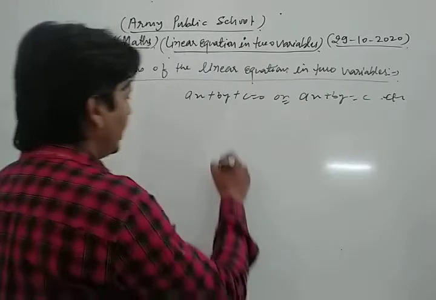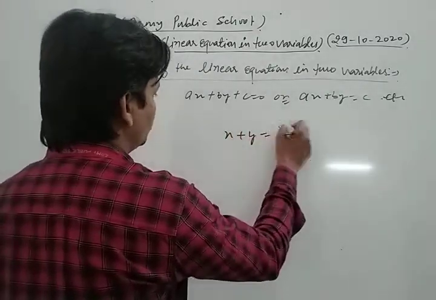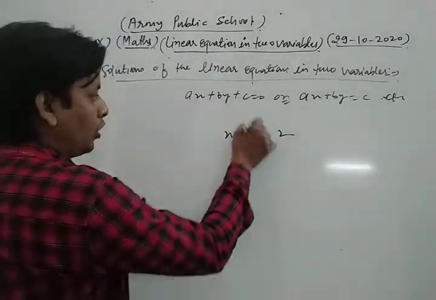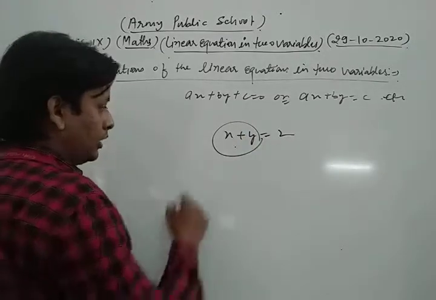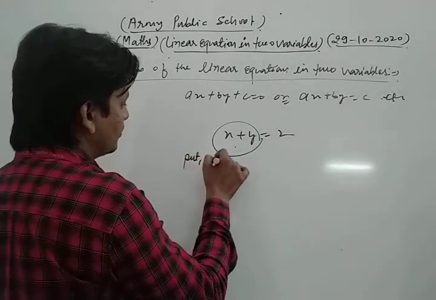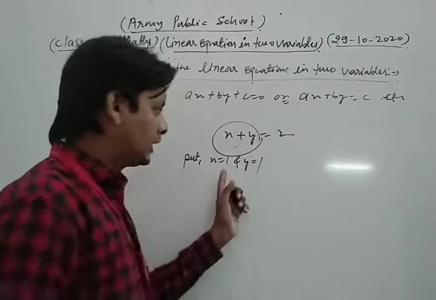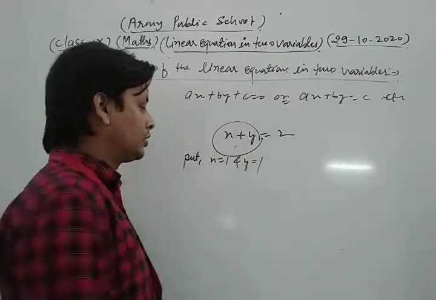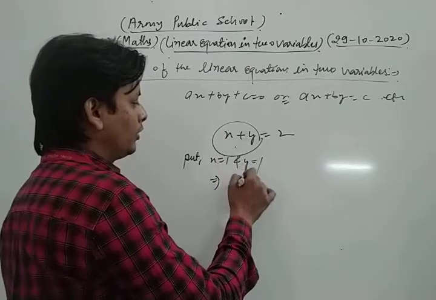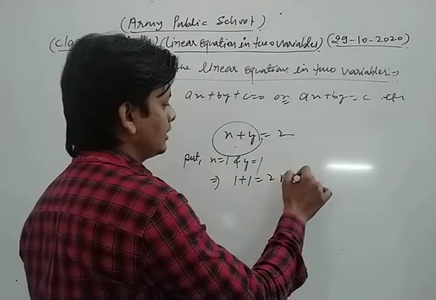Suppose we have the equation x plus y is equal to 2. Then which values of x and y satisfy the given equation? If we put x is equal to 1 and y is equal to 1 in that linear equation, then we get what? 1 plus 1 is equal to 2, which is equal to RHS.